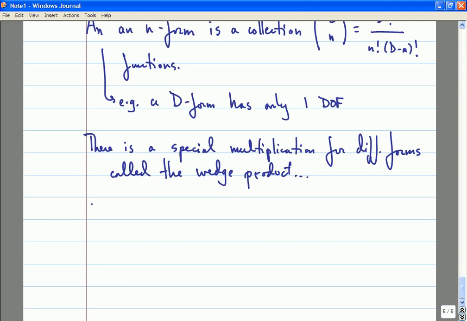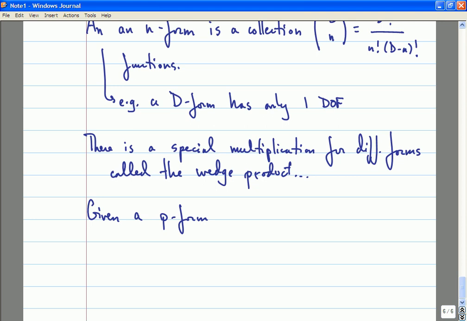So given a P-form, say A mu 1 up to mu P, which we could write, although I don't usually use index-free notation, it is a lovely thing to do for differential forms.